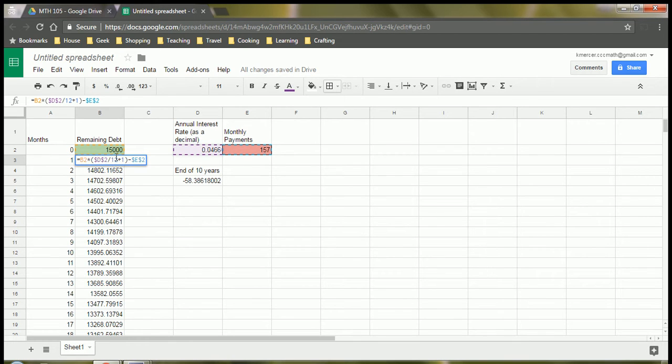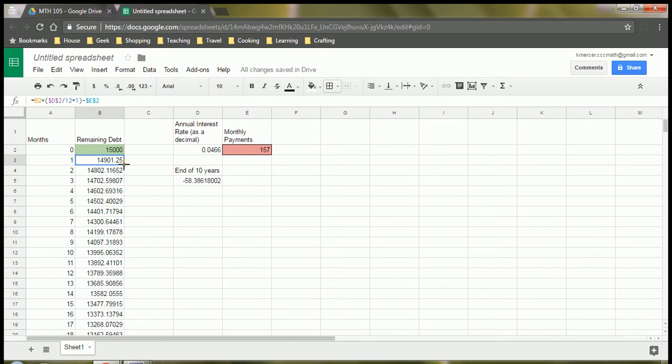So annual interest rate divided by 12, and then adding 1 because you are not losing that original balance, you're adding interest on top of it. So it's 100 and whatever percent you actually get once you've divided the annual interest rate by 12. Once you've added on the interest, then you're subtracting your monthly payment, and that's where the 157 comes in. That's the thing that we're testing.